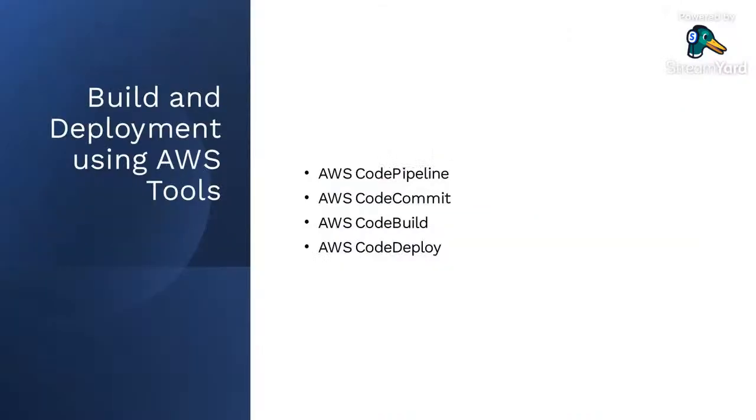As I said, these are the main four pillars, where AWS CodePipeline, AWS CodeCommit, CodeBuild and CodeDeploy will help the DevOps engineer to create a pipeline from the AWS code repository, build with the help of a YAML file where you define all these steps.